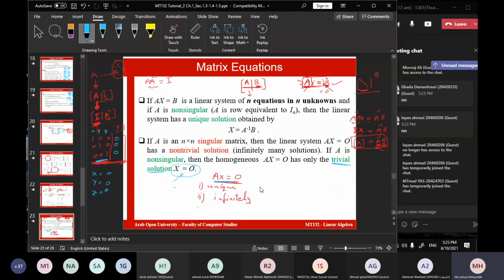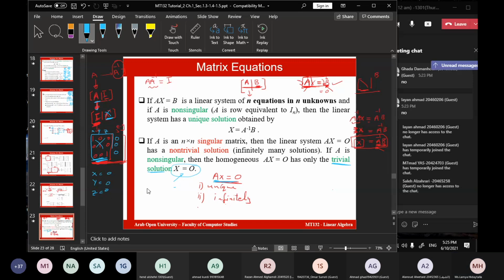Okay, now what if A has no inverse? Then I'm reducing to the echelon form. Can I reach this form? No, I cannot reach this form, because the inverse does not exist. Right? So what is the reduced echelon form? Something different. Correct?